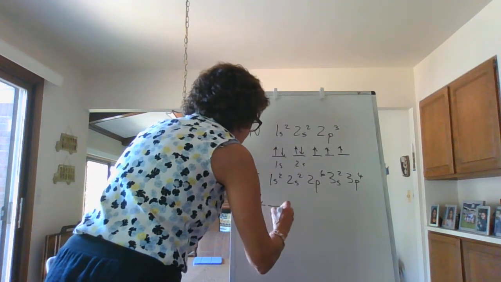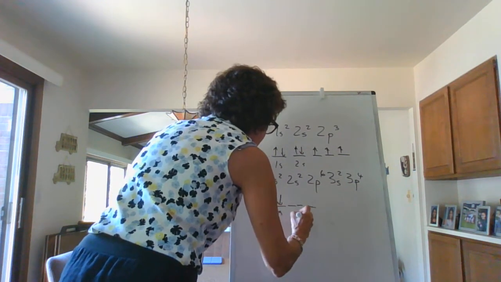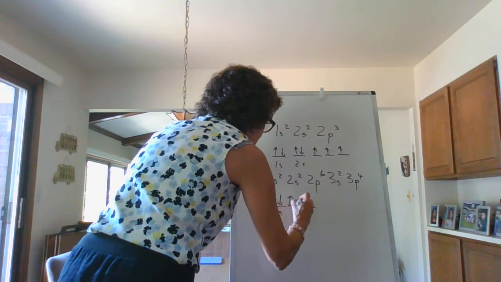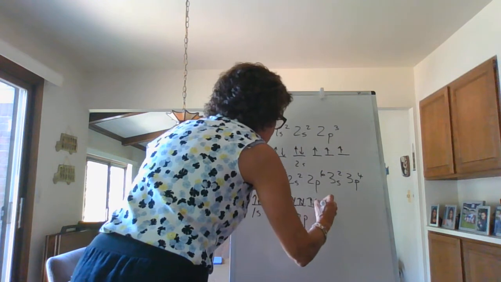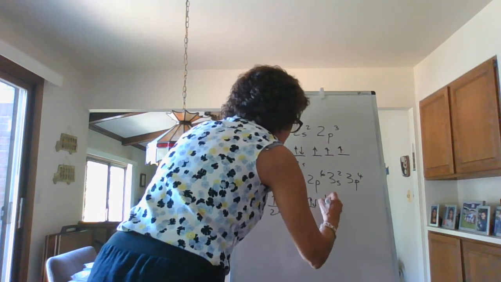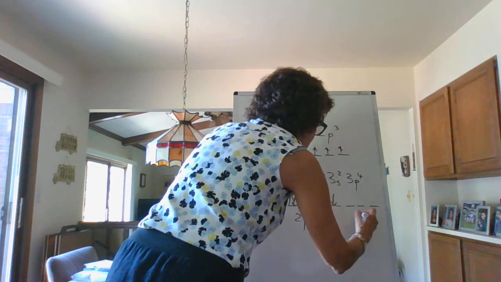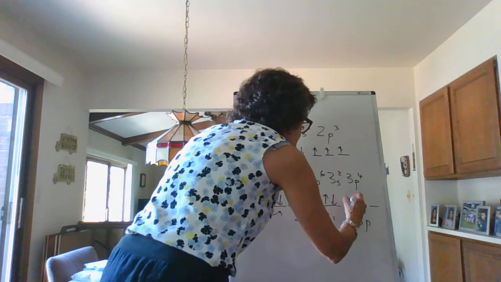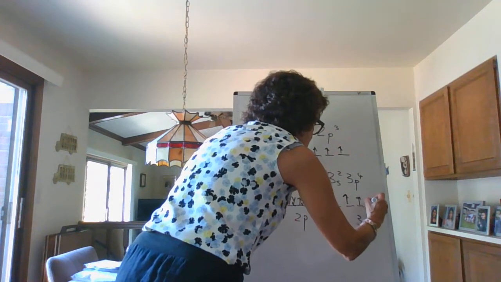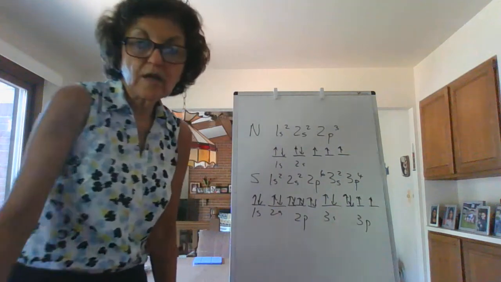And then this 2s is up and down, and then 2p, we want 3 of them. This is all 2p, single, single, single, double, double, double, and then 3s, up, down, and then what do I do for the 3p? I put 3 of them. This is 3p. Where did the 4 go? Single, single, single, and then one of them doubles up, okay?